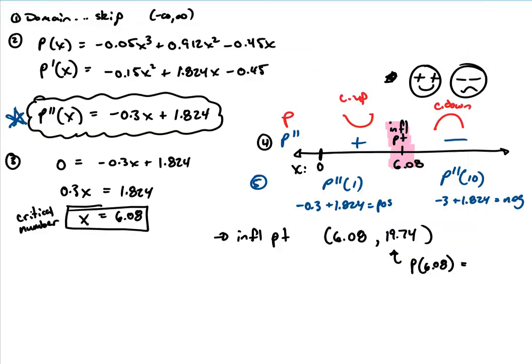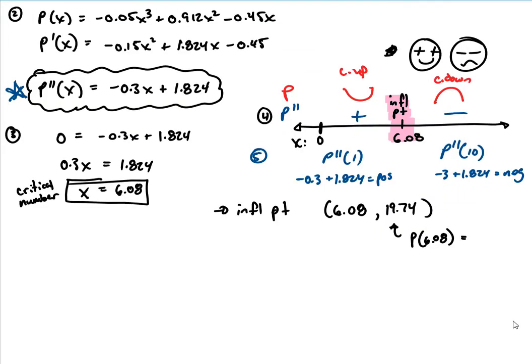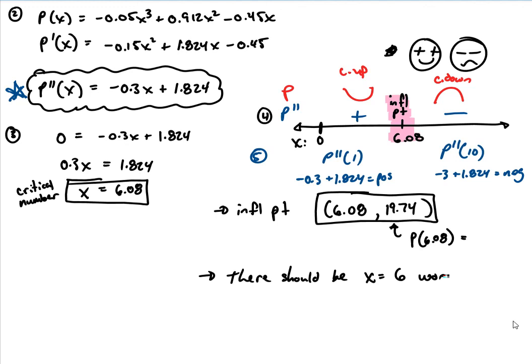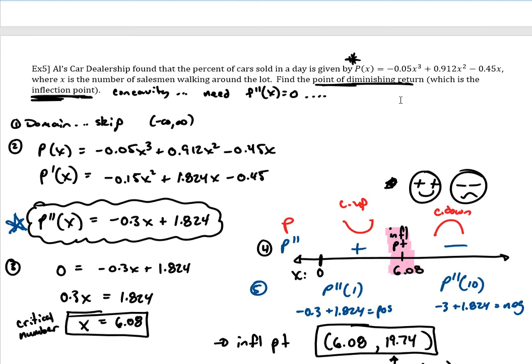Okay, so what that means for this problem, so this is the actual point. It's kind of abstract. There should be x equals 6 workers, because again, you can't have a decimal, so I'm just rounding to the nearest to find the points of diminishing return.